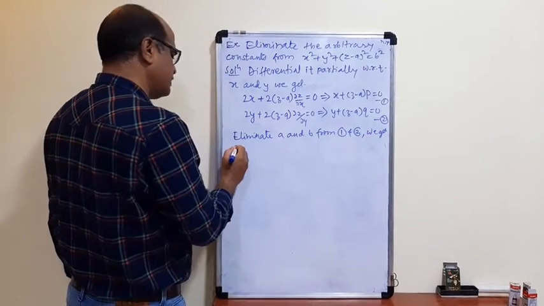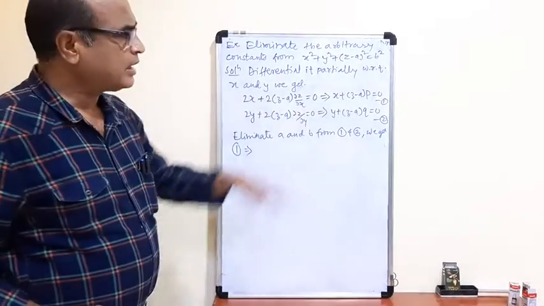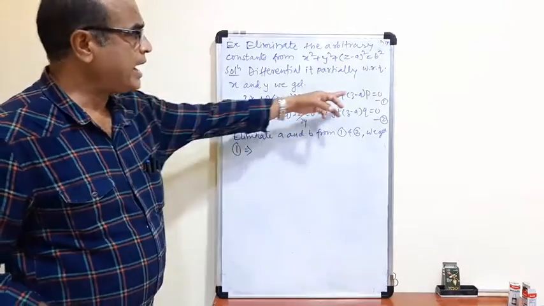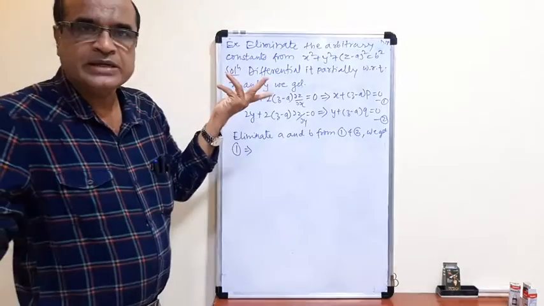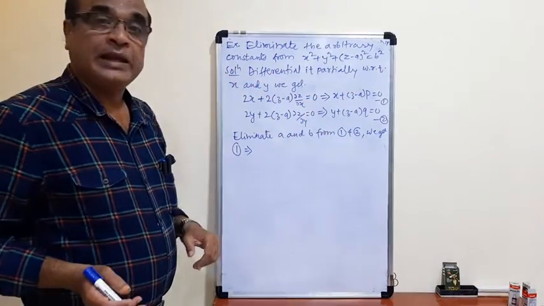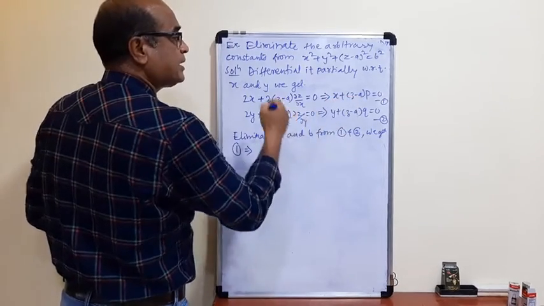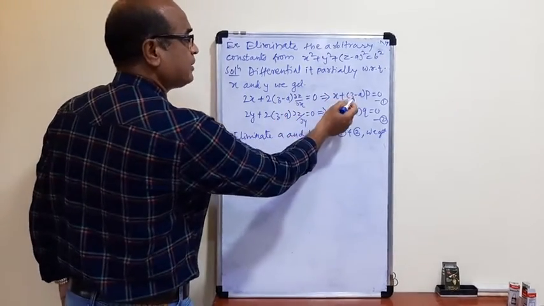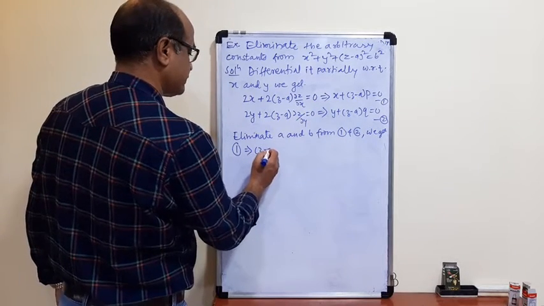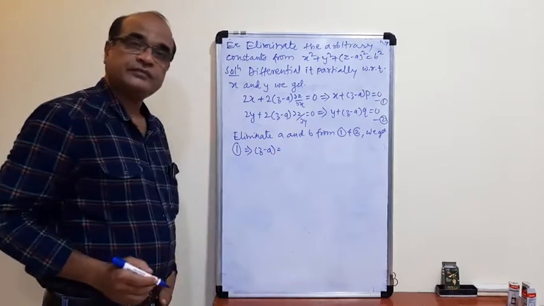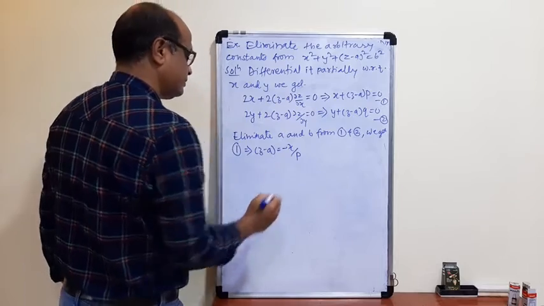So from equation 1, what is z minus a? Already b is eliminated here, only a is remaining, so we eliminate a. From equation 1, z minus a is equal to minus x divided by p.